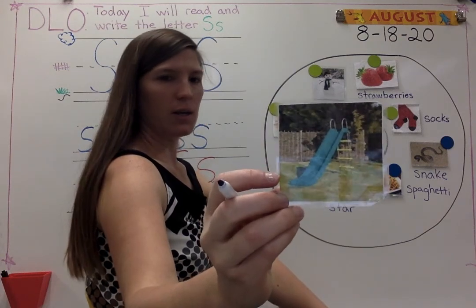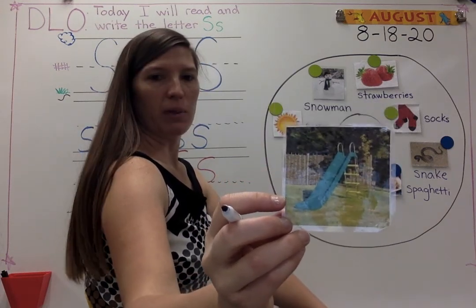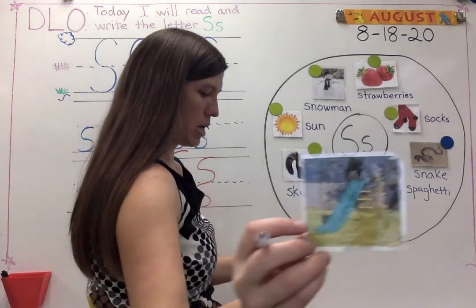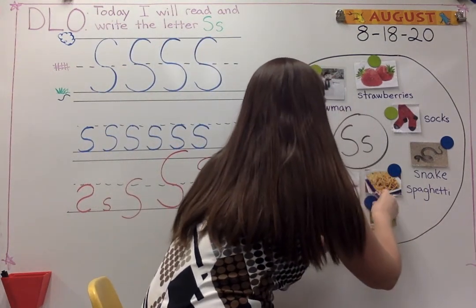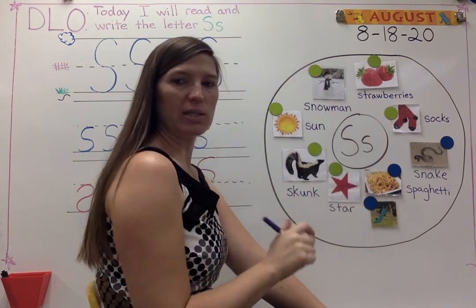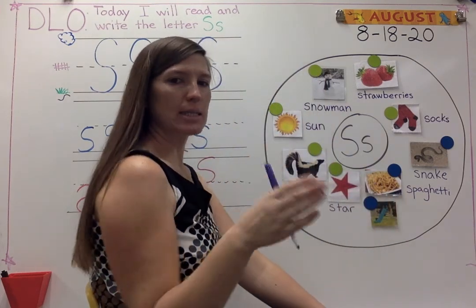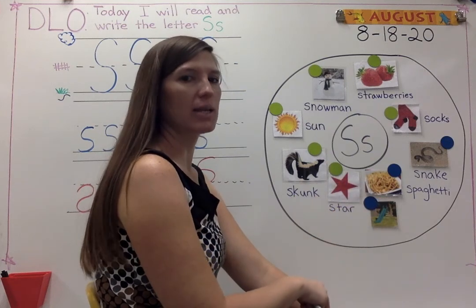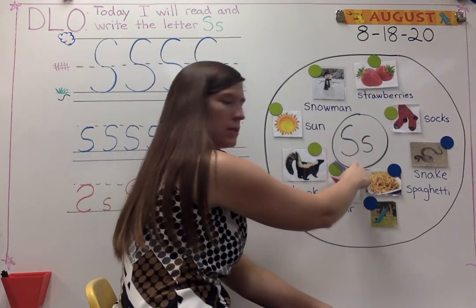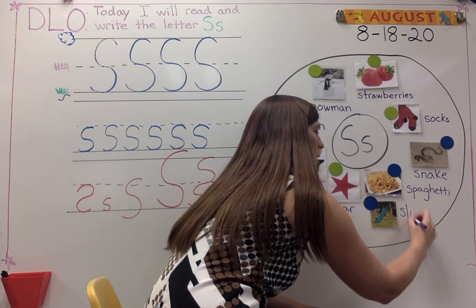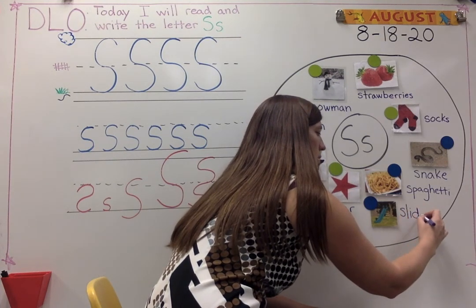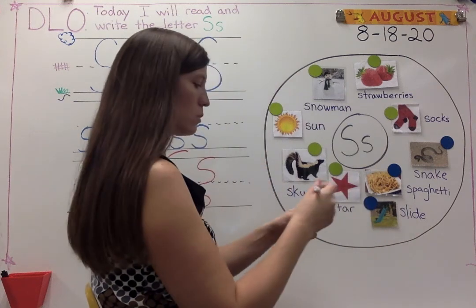A very fun piece of equipment on the playground, a slide. Slide. What's the initial sound when we say slide? S. What letter says S? Slide with a silent E.